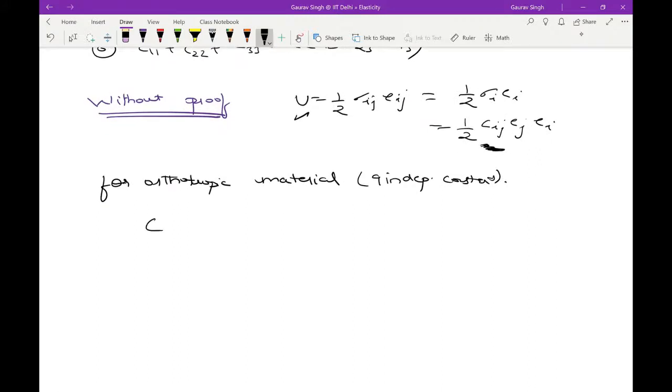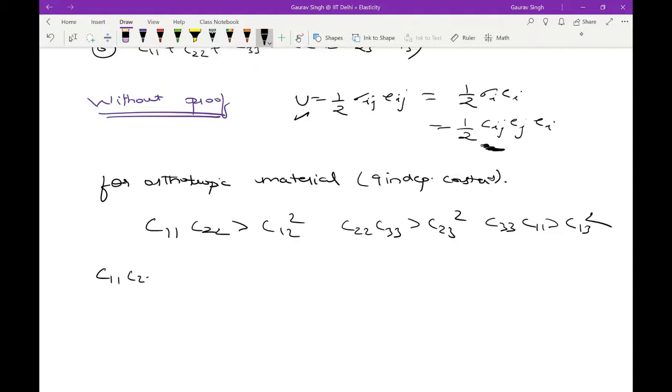You would get C11 C22 greater than C12 square, C22 C33 greater than C23 square, C33 C11 greater than C13 square. You would also get C11 C22 C33 plus 2 C12 C23 C31 greater than C11 C23 square plus C22 C13 whole square.